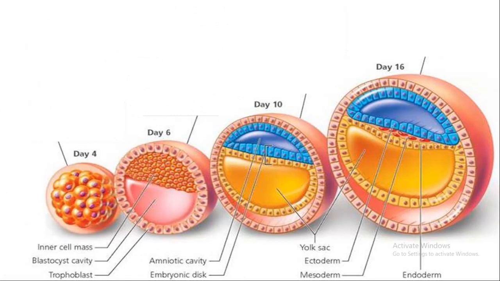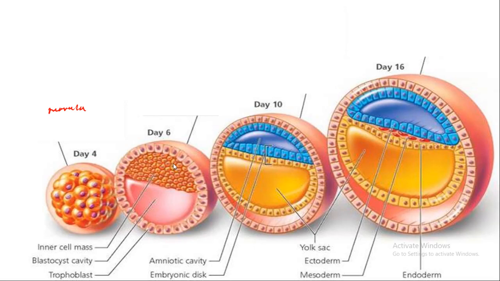Let's quickly look at this in terms of the diagram. When you look at this diagram, you need to understand that by week 4, there is already the formation of the morula. This morula will normally divide into 2 layers.